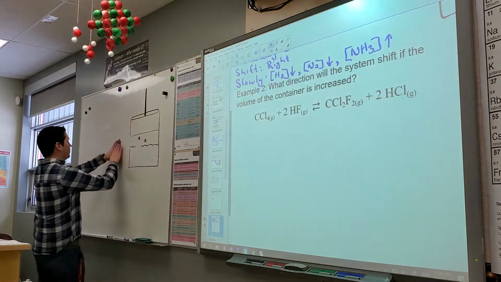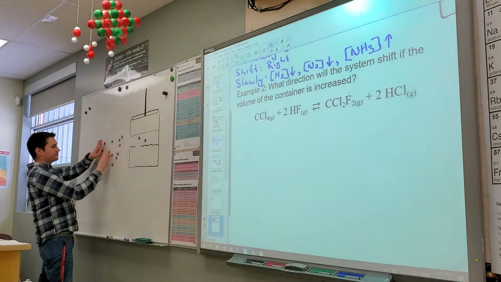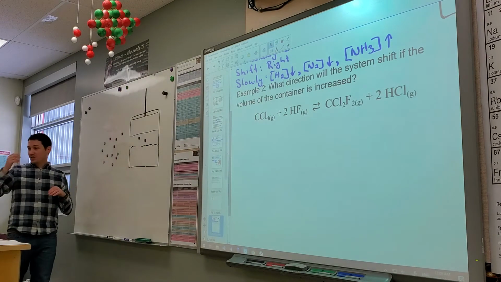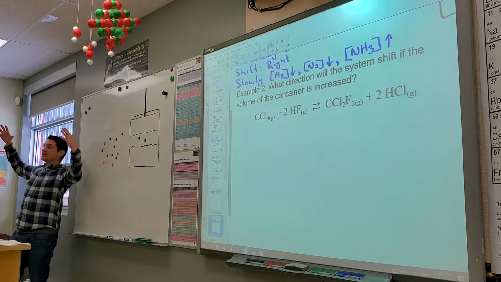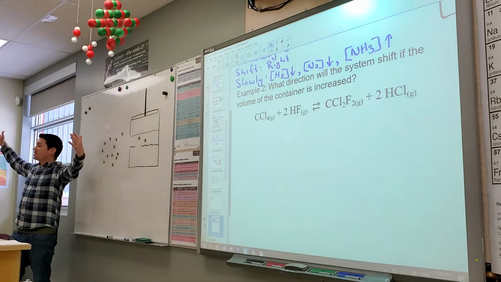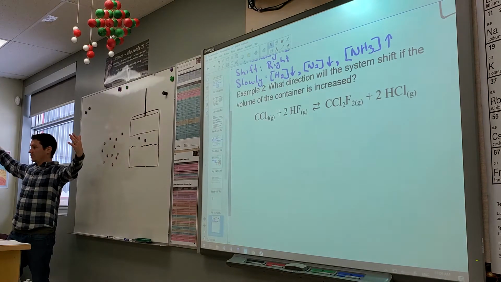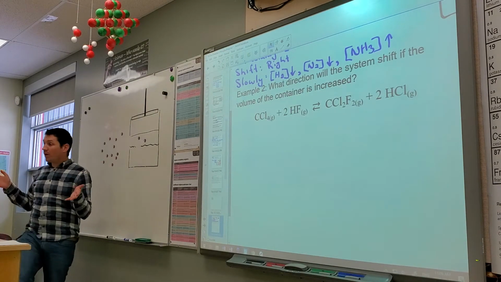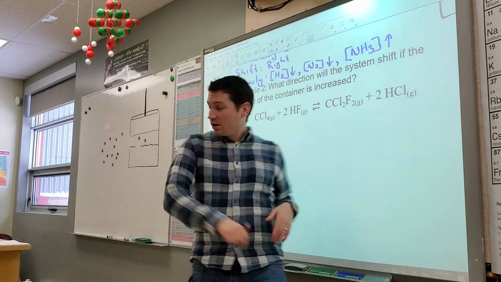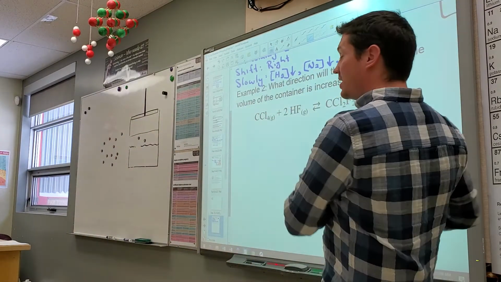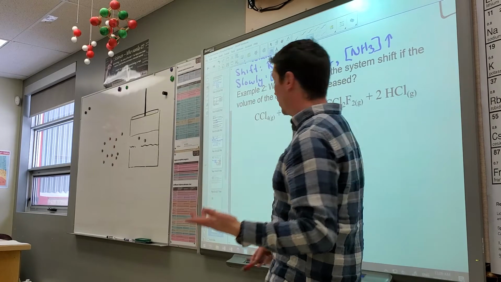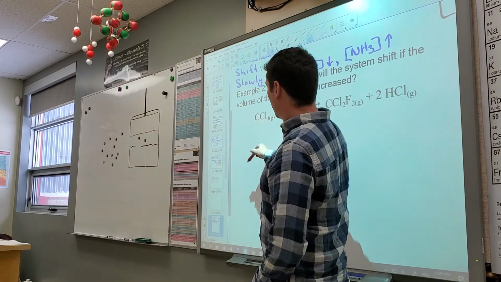Now, if I've got a bunch of particles in here and I increase the volume, what happens to their concentrations? They decrease. They get further apart, right? So, because the concentrations decrease, I'm going to put down arrows. How many down arrows here? 1.